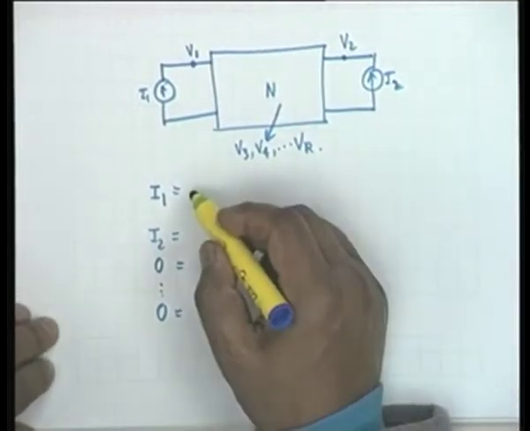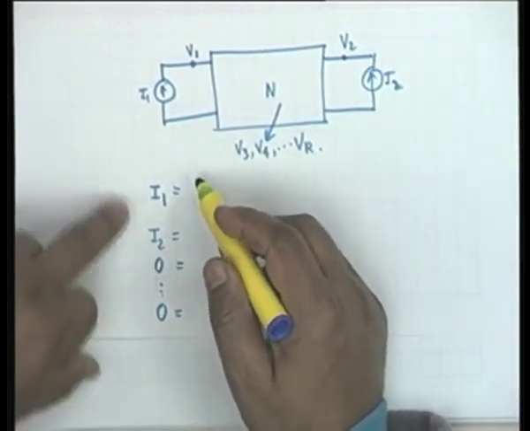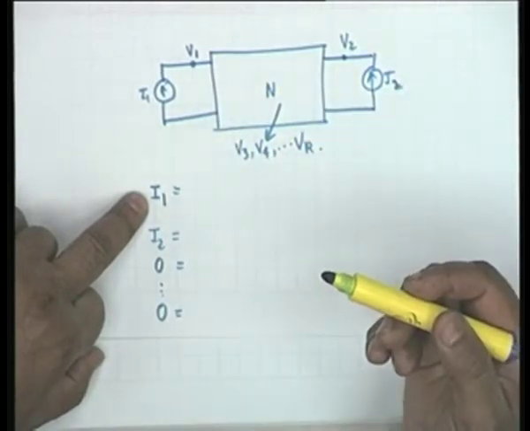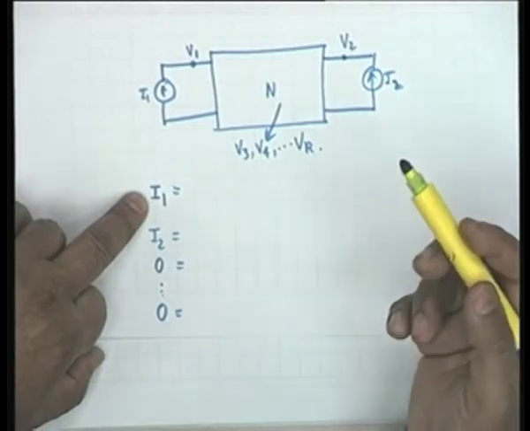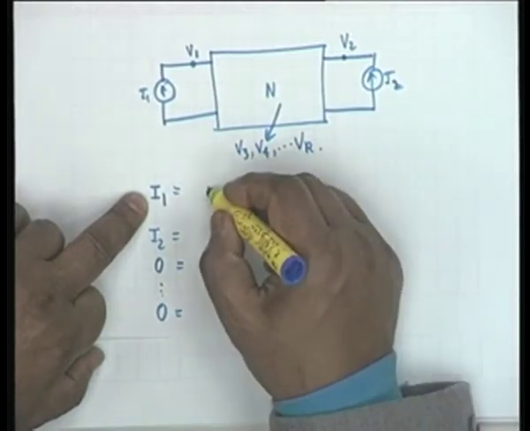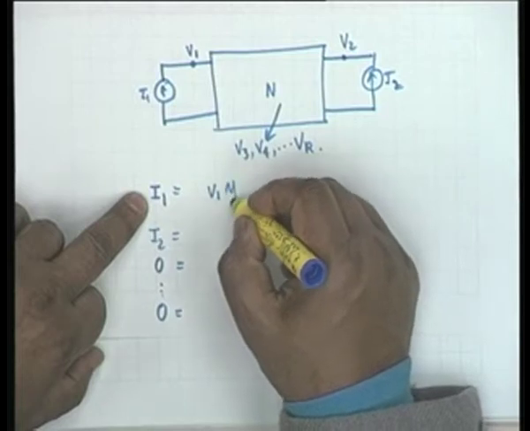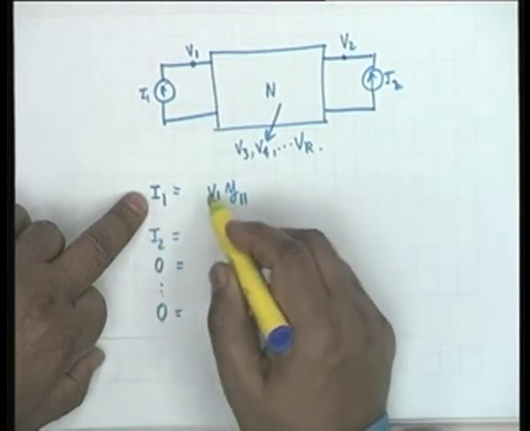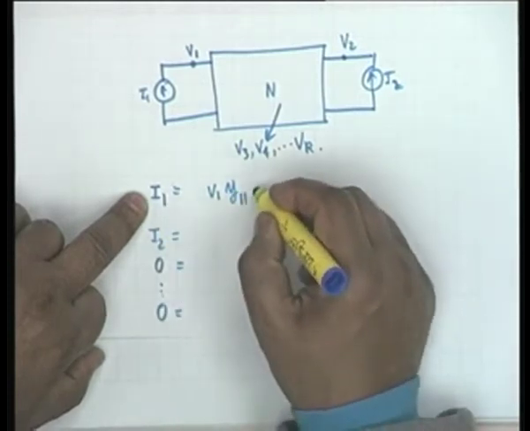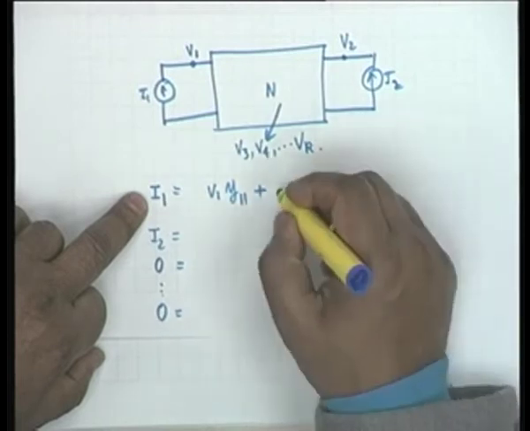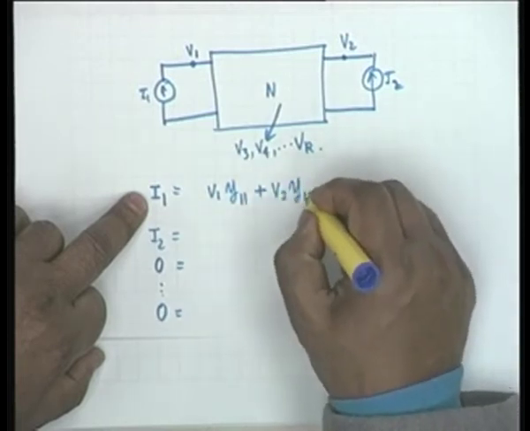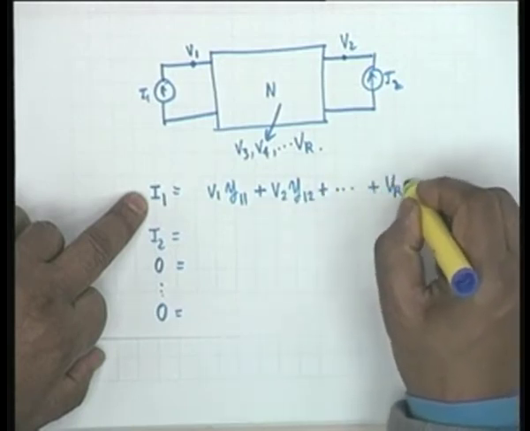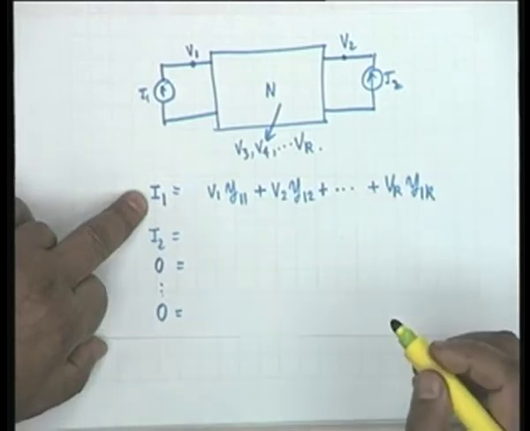Now, I1 will in general be a function of all the node voltages, and they shall be linearly related, and therefore I can write V1 y11, some admittance, because it is a current, each term must be of the dimension of current, some admittance, I will explain these admittances later, plus V2 y12 plus etc. plus Vk y1k, all right.